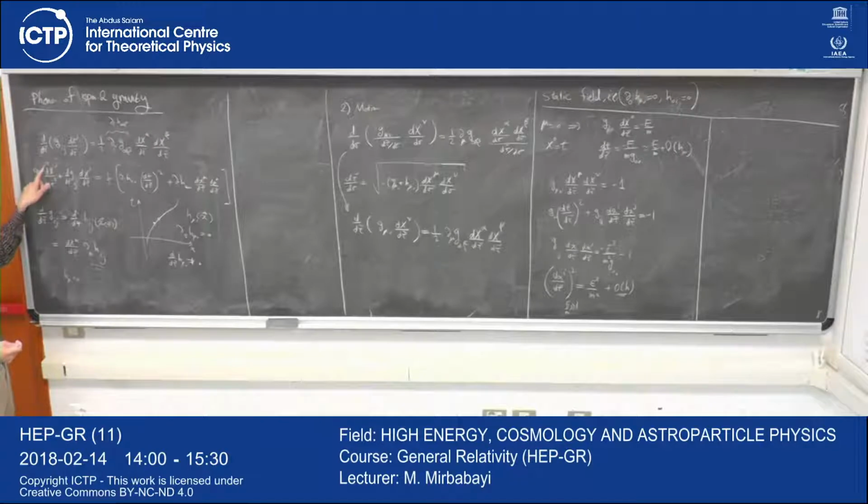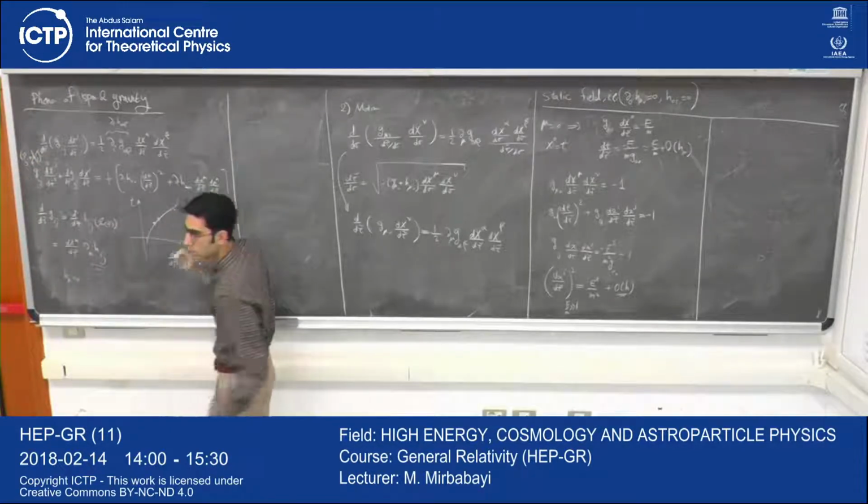Therefore, this is proportional to h. We are linearizing in h, so in the coefficient I have to ignore factors of h. This g_ij, remember, is just eta_ij plus h_ij. That's 0. But since this is already first order, I should drop this h.